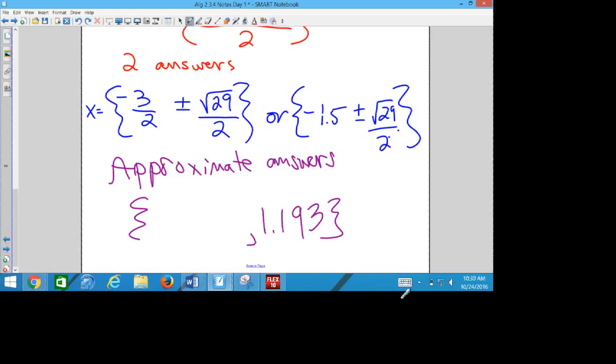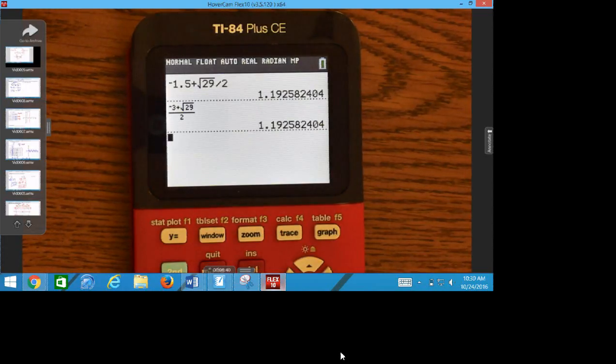So we go back to the calculator, and here's a helpful little trick to get the second one. I don't want to have to retype it in. This works on some calculators. If you hit up, not all calculators work. If you have the older ones, you hit second enter, and it just pops up again. You can use your arrow to go on top of the plus sign and just hit minus, and hit enter.